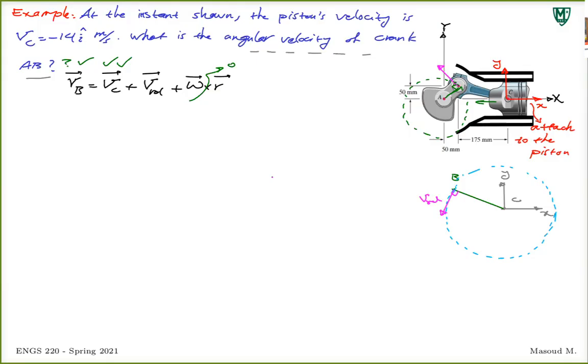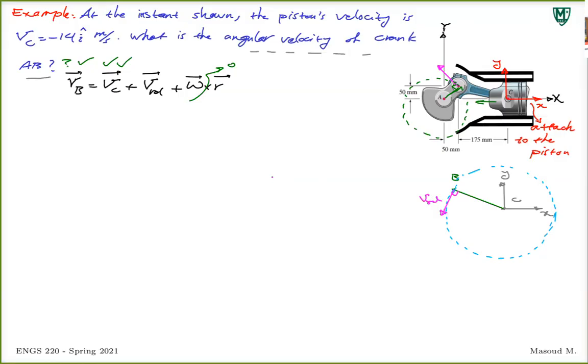This is a tricky part: when we attach the local frame to something, it determines the relative velocity of omega cross R. In this case, I froze the red frame attached to the piston, so the piston is frozen.